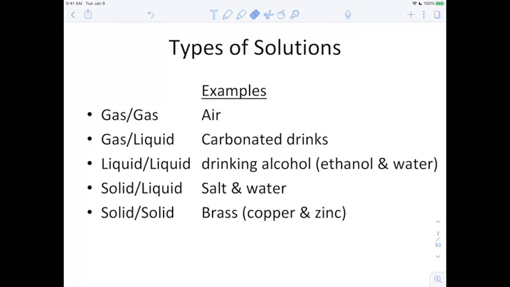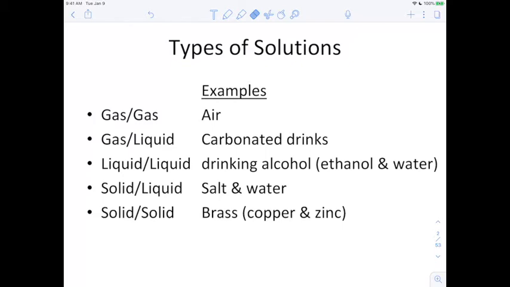So I mentioned you can have more than 2 things in a solution. We also have different types of solutions. For example, our air is a solution of gas. I know that the air that I'm breathing might be slightly different than the air that you're breathing, but within the room that I am in, the air should be mixed homogeneously, and there's lots of different gases.